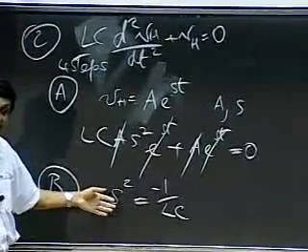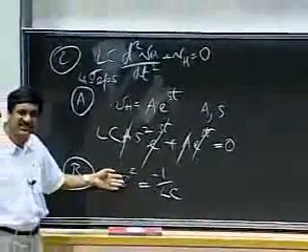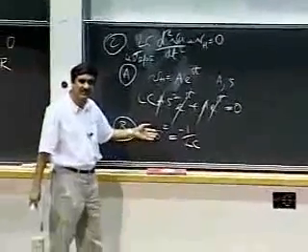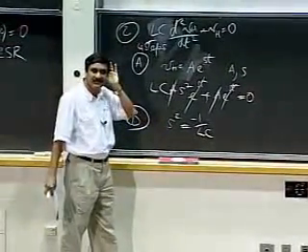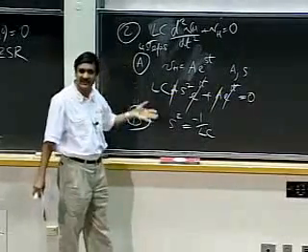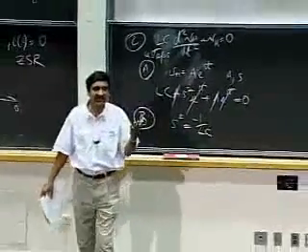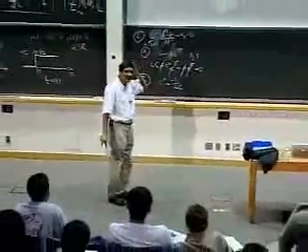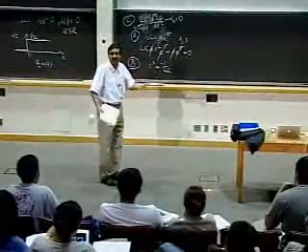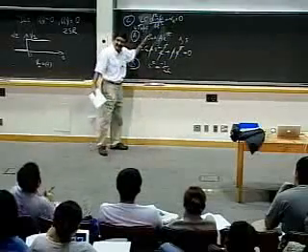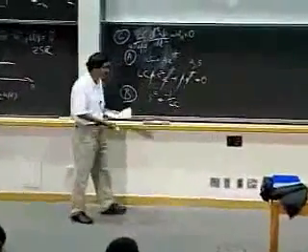What is S? For first order circuits, what did you get as a characteristic equation? S plus 1 divided by RC equals 0. Same thing. Just blindly apply the steps, and it'll lead you to the answer.